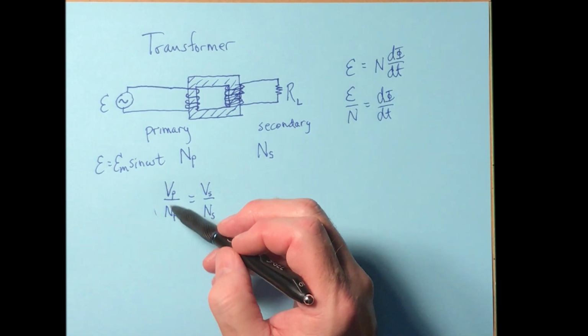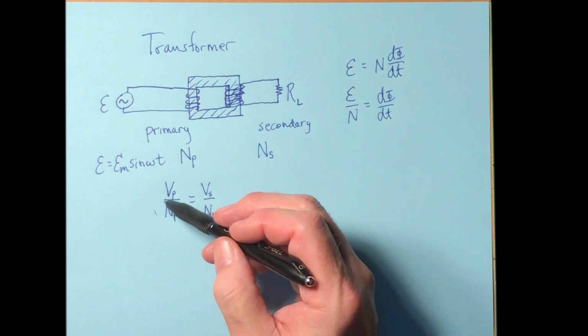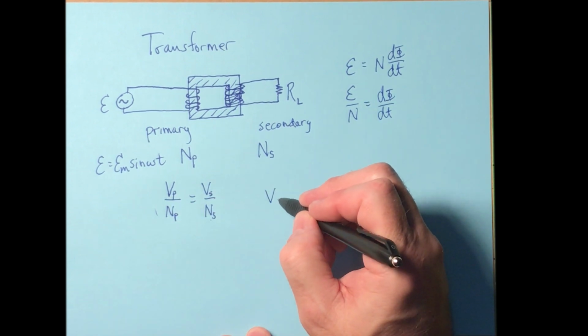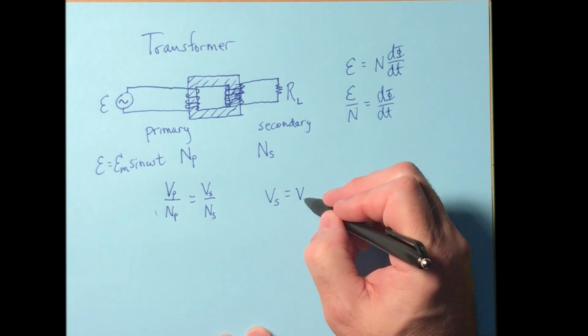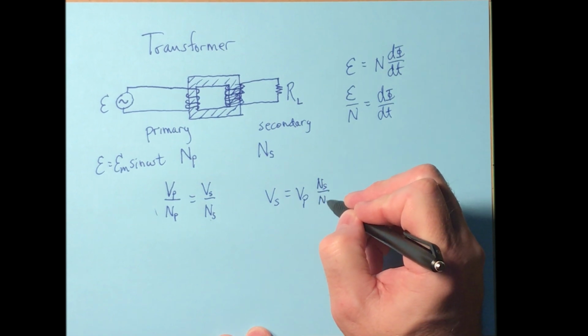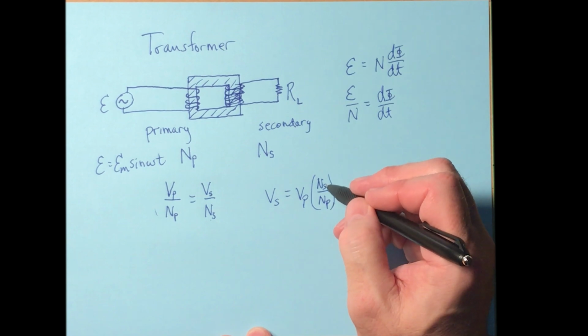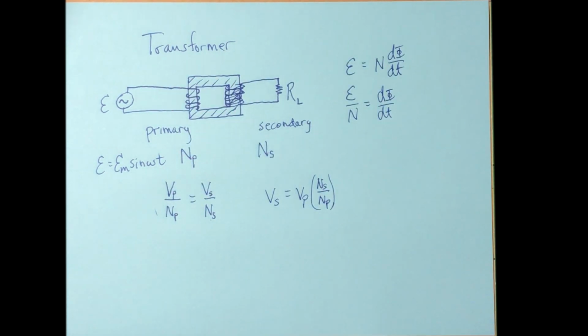Now this is the EMF per turn. The EMF per turn is the same on both sides. So if I rewrite this, you could solve for V_P, but I'm solving for V_S. V_S is equal to V_P times N_S over N_P. So we have this ratio here of the turns. Now all of these are RMS values. Everything is RMS value from here on out.